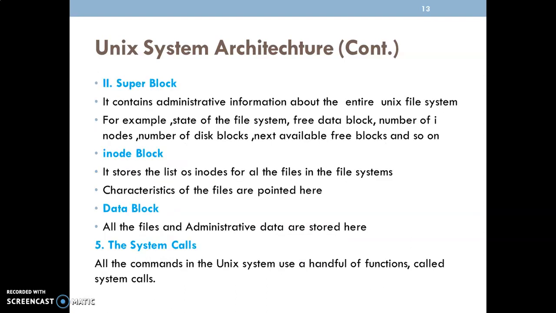Next, the super block. It contains administrative information about the entire Unix file system. For example, the state of the file system, free data blocks, number of inodes, number of disk blocks, next available free blocks, and so on. Maybe you have one confusion here: what do you mean by administrative information?